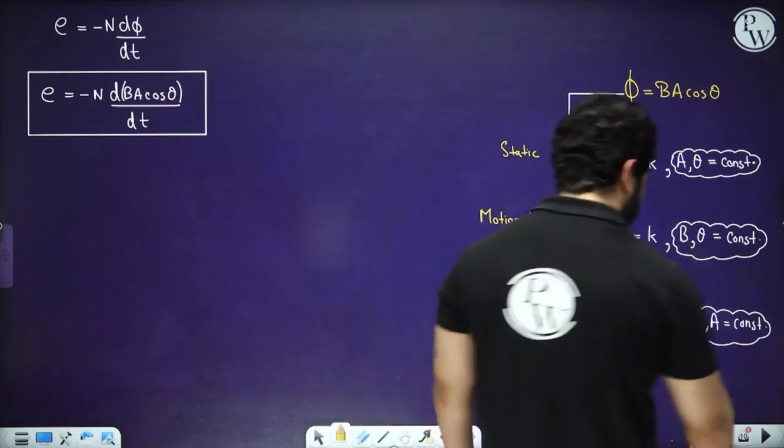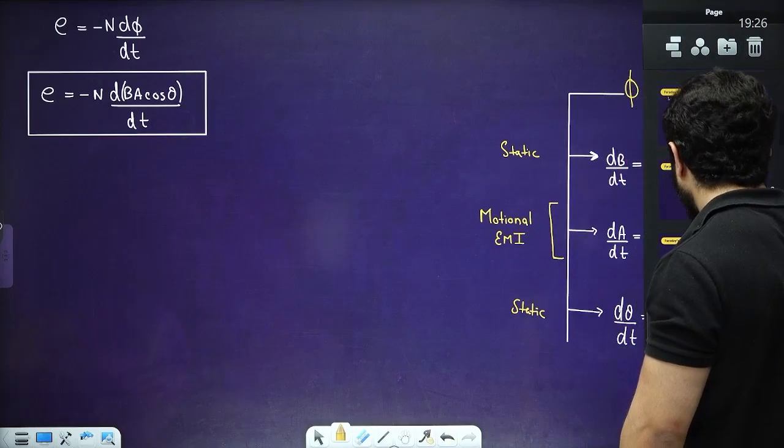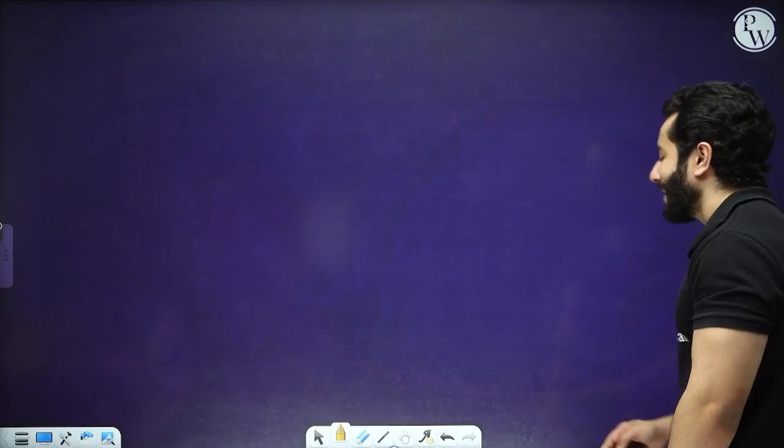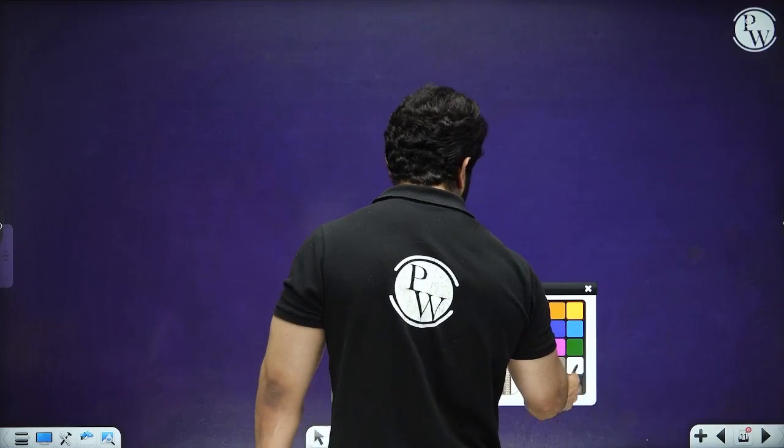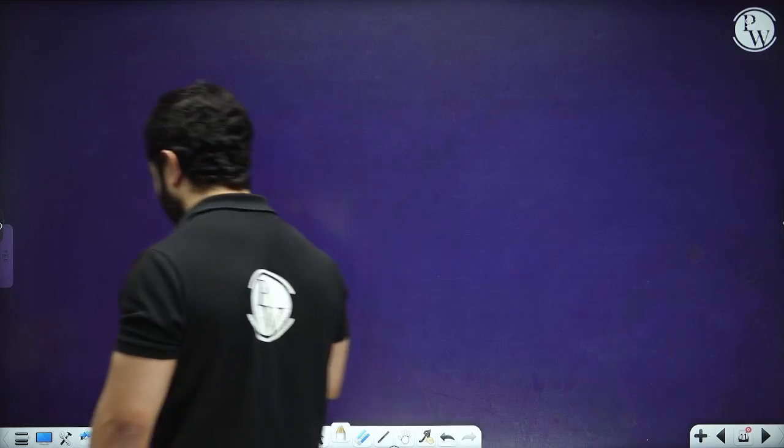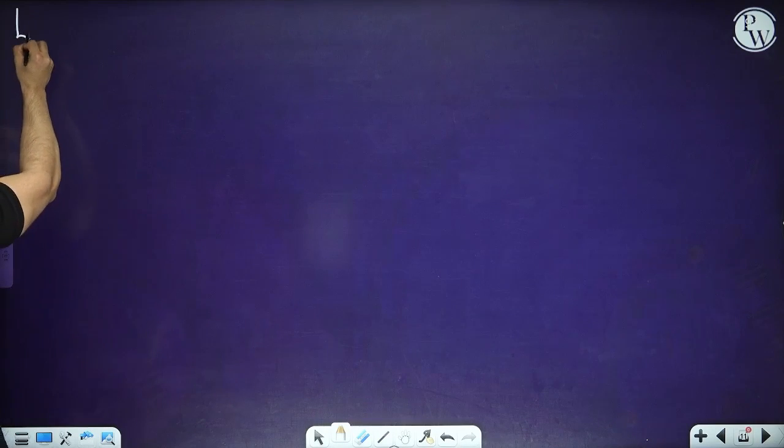So for now, before completing Faraday's law, it would be really necessary to understand Lenz's law. It would be really important to first understand what Lenz said in his law.